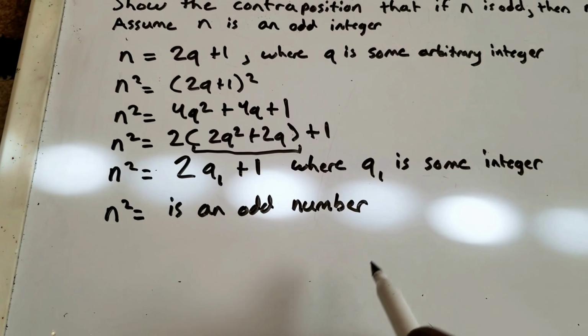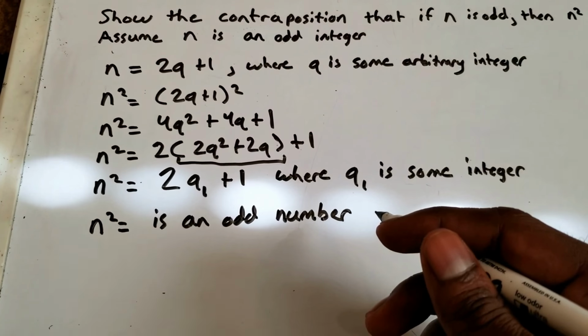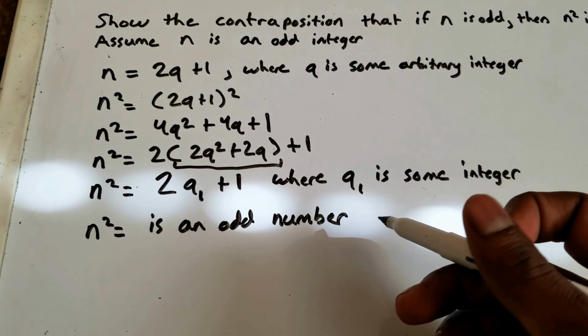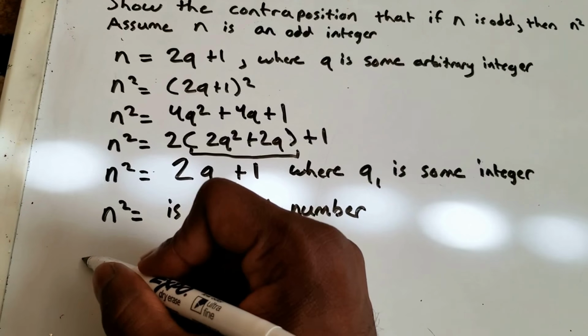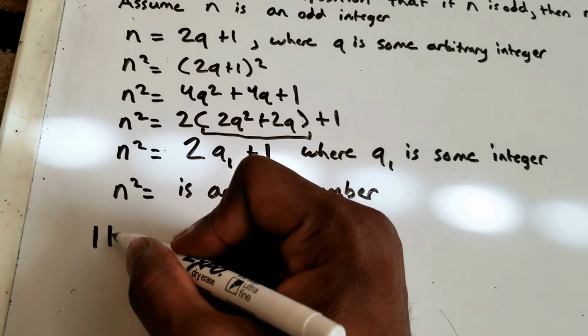And having used a direct proof to show the contraposition of the proposition, we conclude that if n squared is even, then n is even. So maybe I'll put that down here.